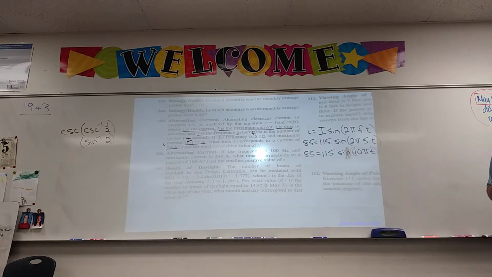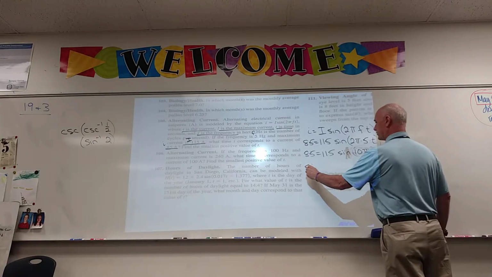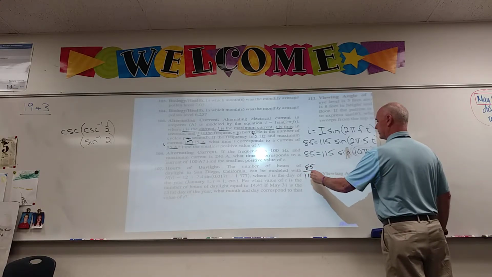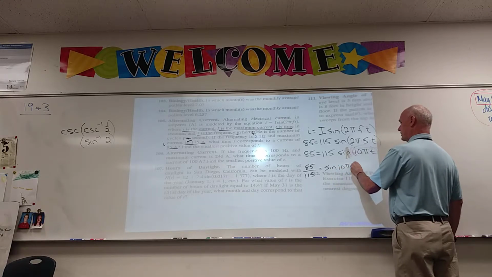What are we trying to do? Find time. Trying to solve for t. Step 1. Divide by the 115, so 85 over 115 equals sine of 10 pi t.